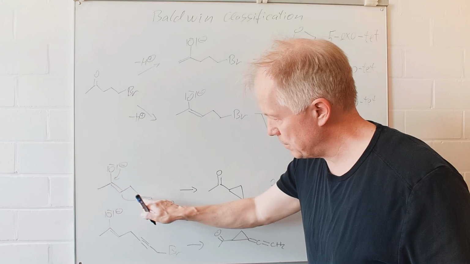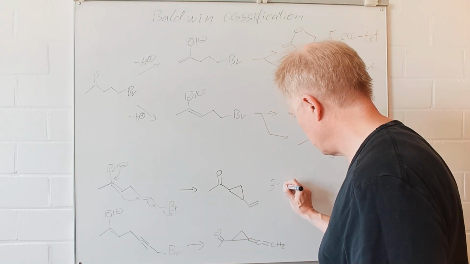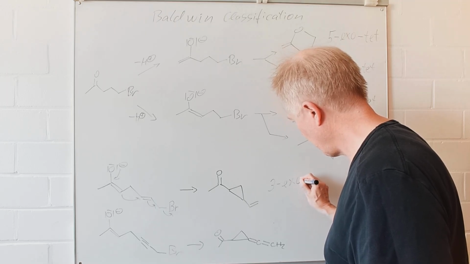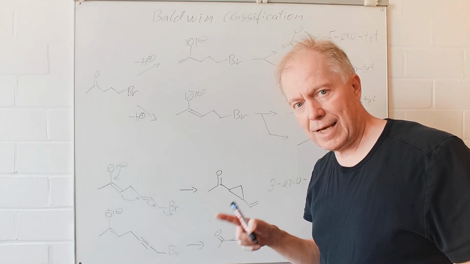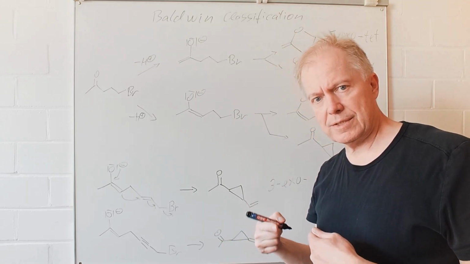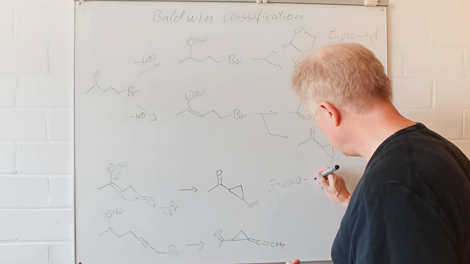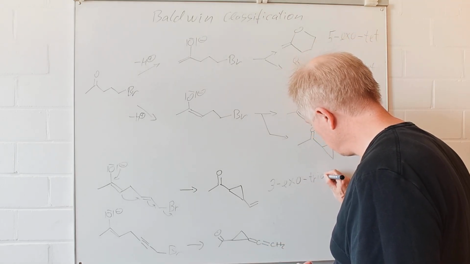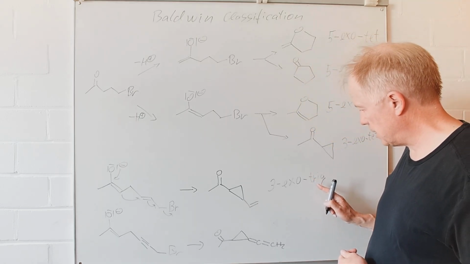Here is the 3-membered ring formed. There the bond is broken. So again, exo here. But the reaction takes place at an sp2 hybridized center. This is a trigonal center, and therefore we write down the expression trig here. TRIG.